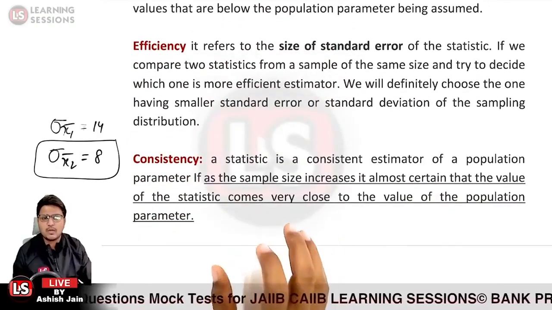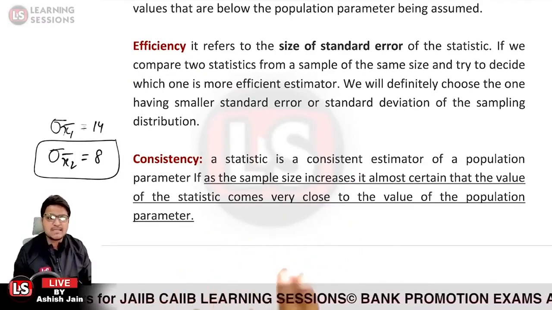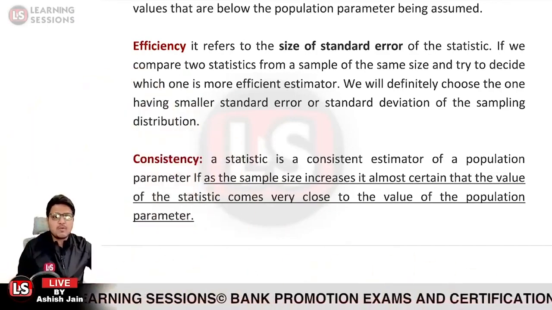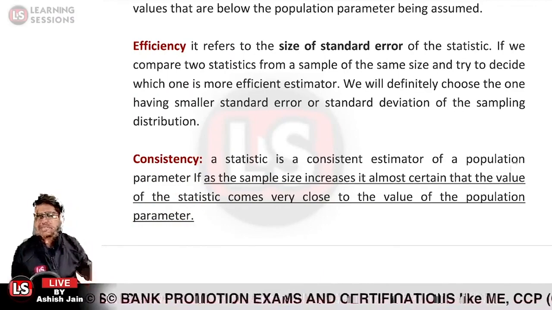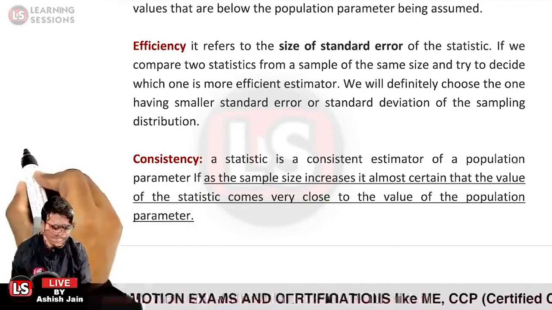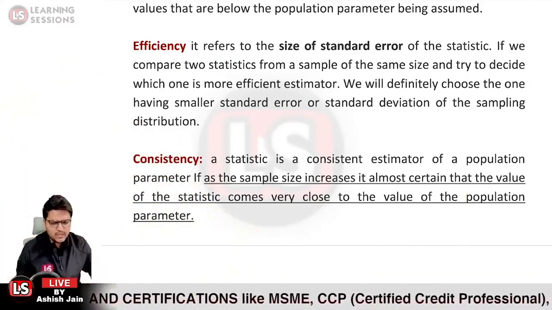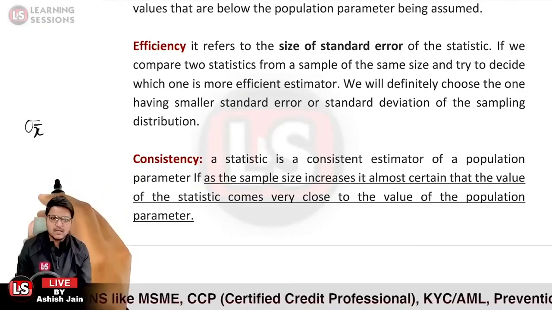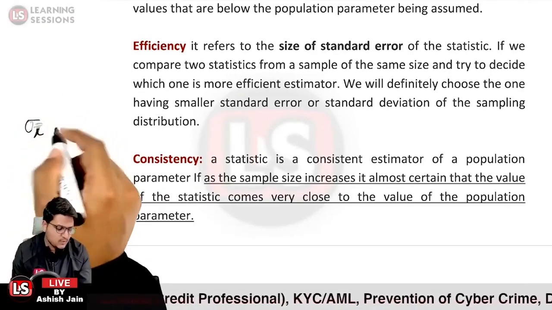It must be consistent in a manner that if the sample size increases, in that case it is almost certain that the value of the statistic comes very close to the value of the population parameter itself. So let us take the case where we have the value of sigma x, not sigma x bar, equal to 12.